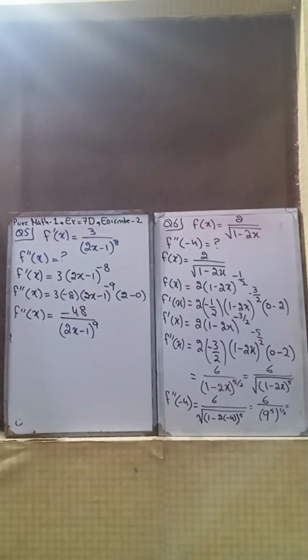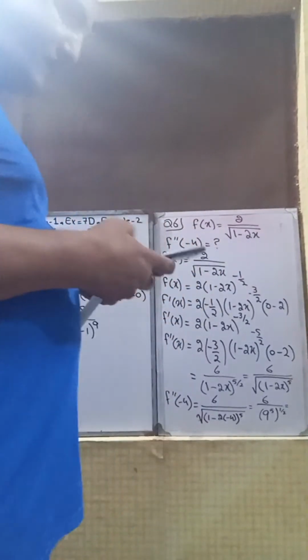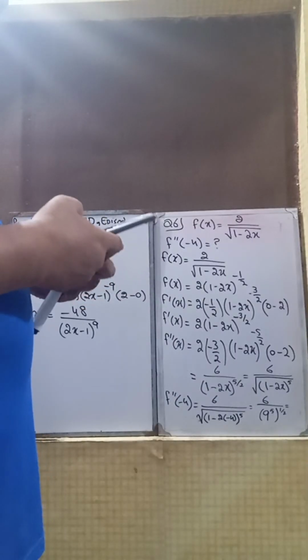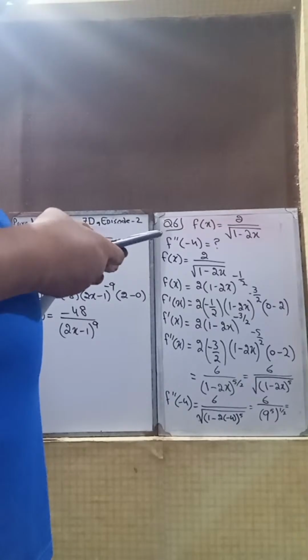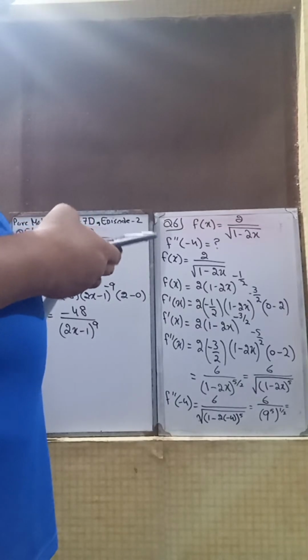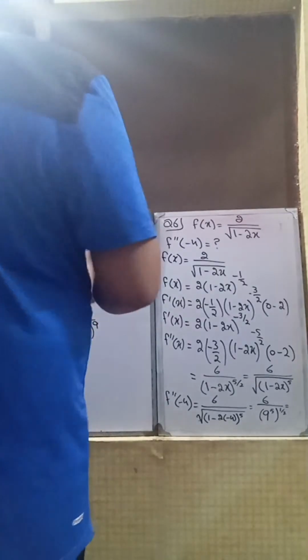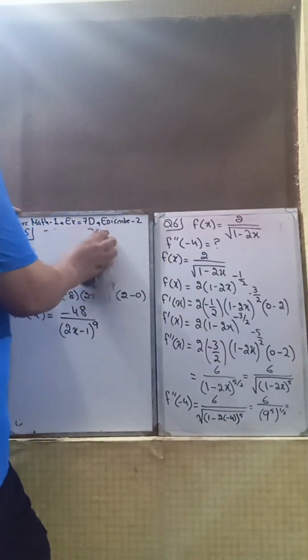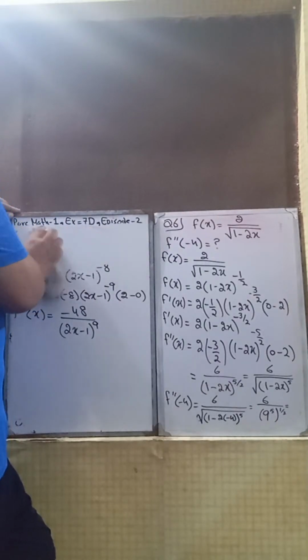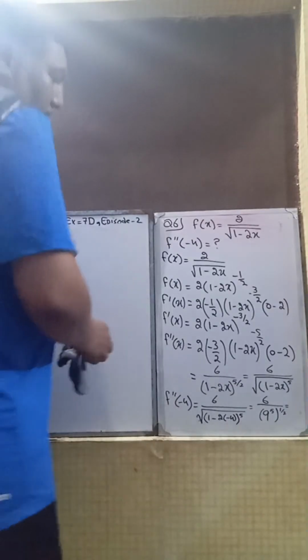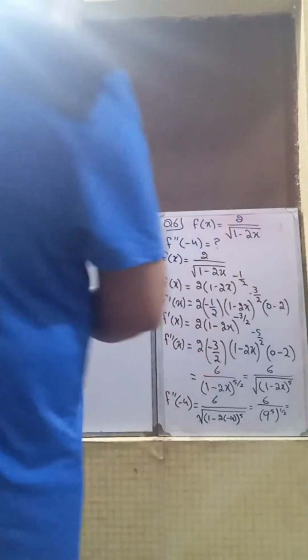Let me check. Okay, so we have 9 raised to power 5. Let me first of all find 9 raised to power 5. Then we have to take the square root of this, which will be 243. Because that calculation is a little long, let me find that out.